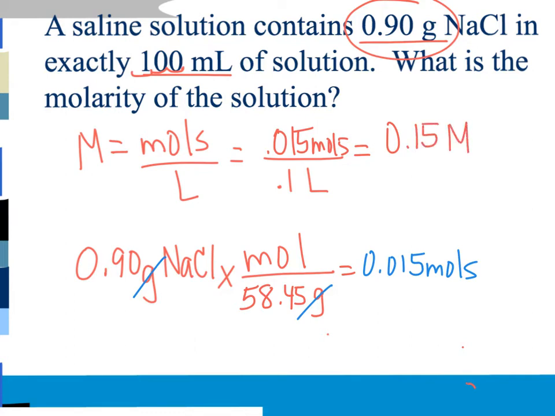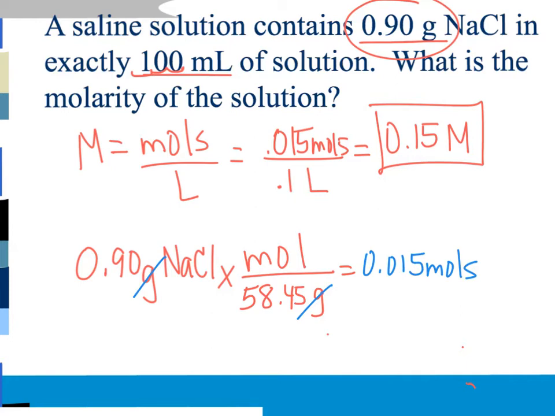For the units for molarity, you can leave it as just a capital M, or you can write out moles per liter, or moles over liters, and that's fine. Both of those would be correct. And don't forget to round your answer to the proper number of sig figs. The 0.015 contains 2 sig figs because leading zeros do not count, and the 0.1 only has 1 sig fig.